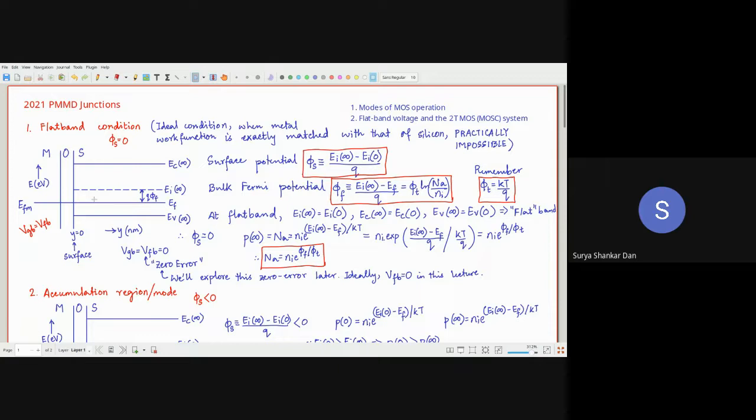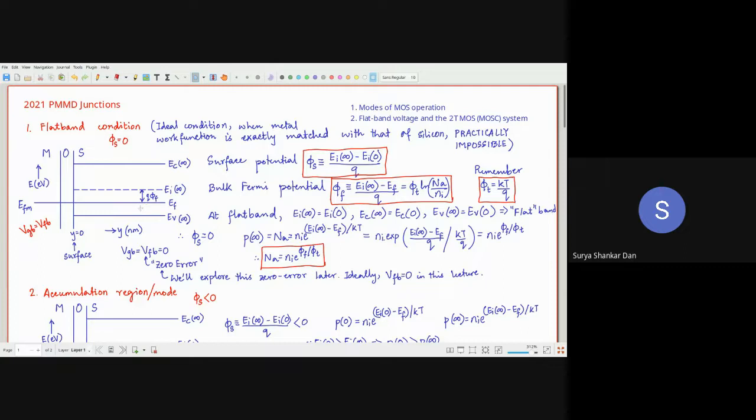It can never happen. Because in the periodic table itself, there are no metals which exactly match the silicon Fermi energy level, and this Fermi energy level of the silicon is essentially controlled by the doping. Yes or no? So you cannot ensure that EFM is exactly matched with EF.